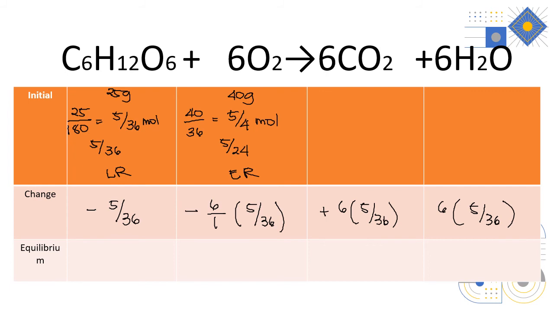So what are our equilibrium concentrations? Here it's 0. For oxygen, it will be 5 over 12 moles. For carbon dioxide, we will have 5 over 6 moles. And for water, it's also 5 over 6 moles.